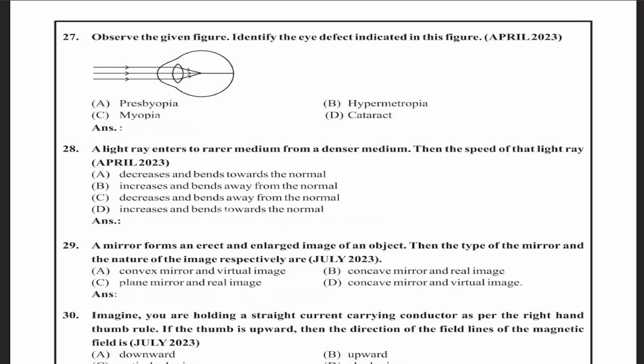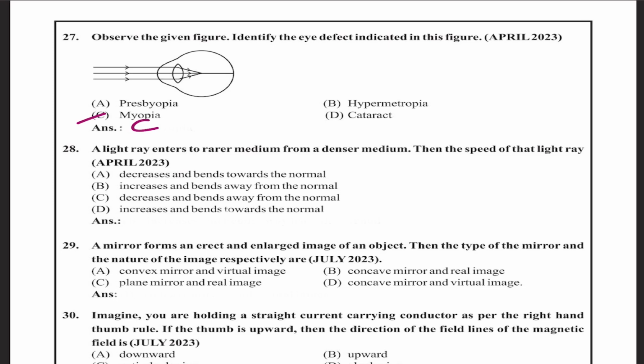So on observing the diagram, we can see that the image, instead of being formed on the retina, is formed before the retina. So in which case will the image be formed before the retina? It is nothing but in myopia. Hence, the correct answer for 27th question is option C.